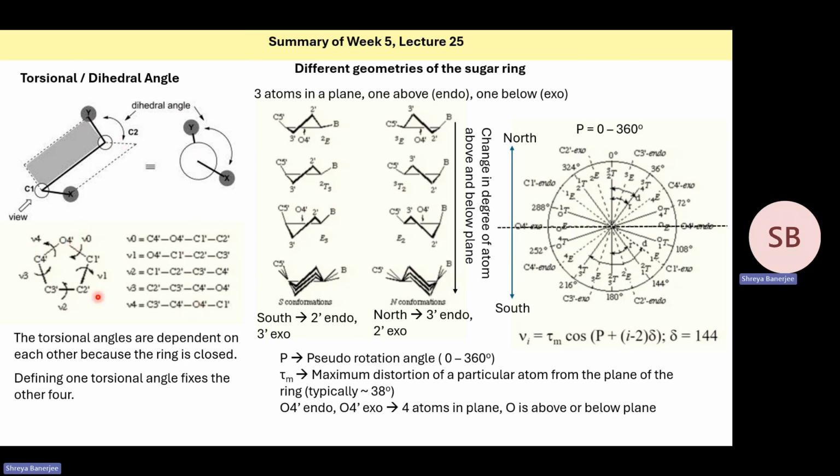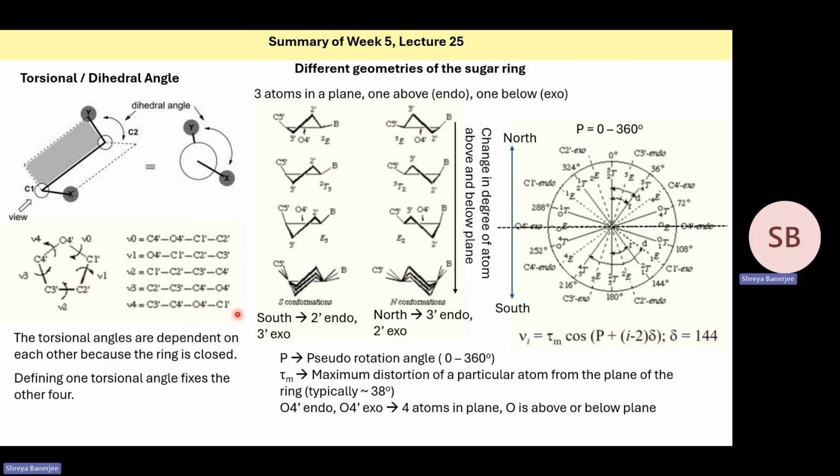Similarly, in this 5-membered ring, you have different dihedral angles, nu0, nu1, nu2, nu3, nu4. Each dihedral angle is represented by 4 atoms. So nu0 is C4', O4', C1', C2'. So on, there are 5 dihedral angles that represent this 5-membered ring.